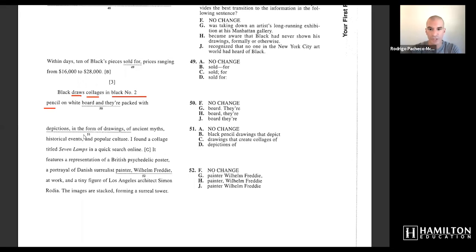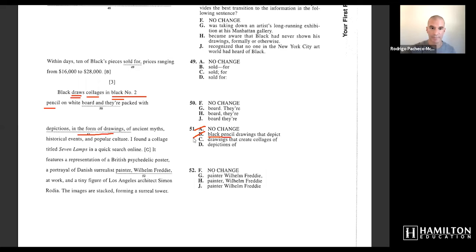So with A, no change, what are the redundancies? Well, we're already told that Black draws these things on whiteboard. So in the form of drawings is redundant. B repeats this information that we're using black pencil, black #2 pencil, as we see a little bit more specific in the text itself.